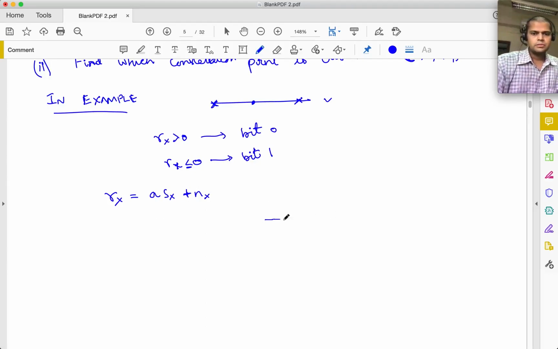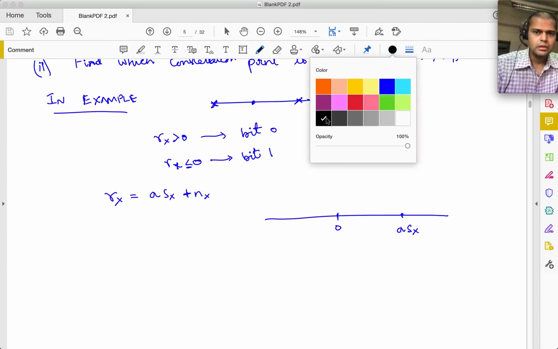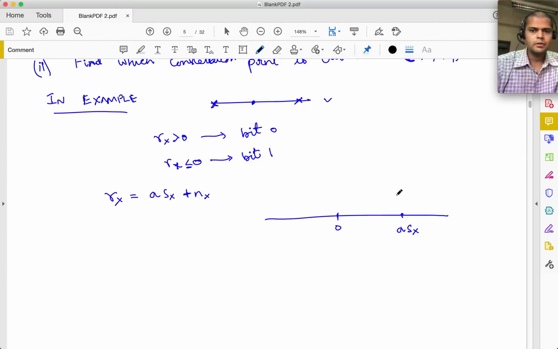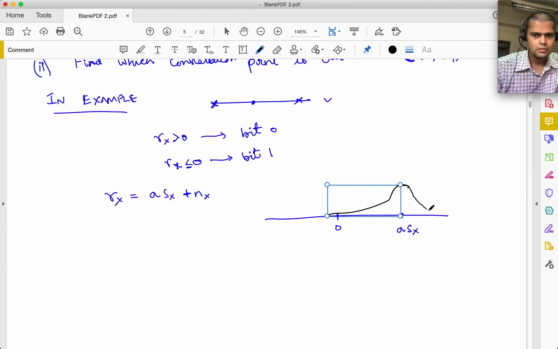Suppose this is 0, and suppose this is A times Sx. Nx is a Gaussian distribution, so what's it going to look like? If I plot the probability distribution function around this, it's going to look something like this. This is a Gaussian.